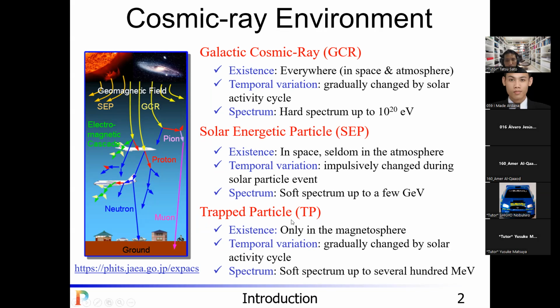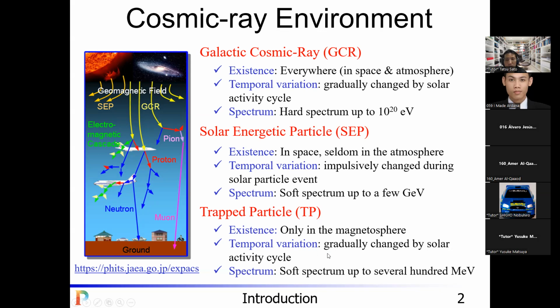And the last one, trapped particles, exist only in the magnetosphere around here. Their temporal variation changes gradually with the solar activity cycle, the same as galactic cosmic rays. The spectrum is also soft, similar to SEP, up to several hundred MeV.